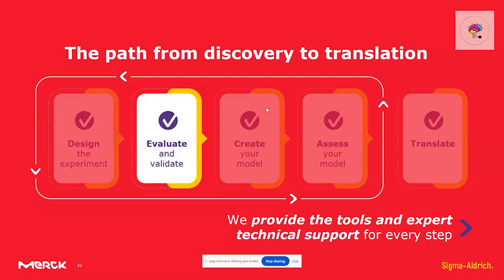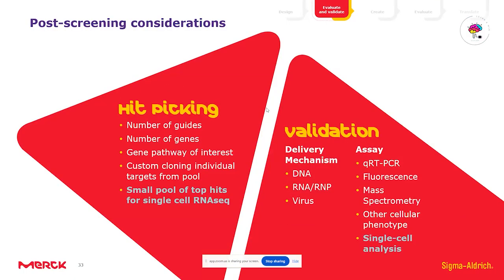Second step, evaluating and validating, of course. So it's the hit picking, and then validation. You will select the number of guides, number of genes, the gene pathway of interest, and the custom cloning, if you are looking at custom cloning individual targets from pools.